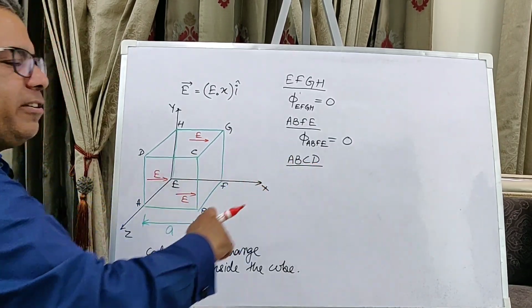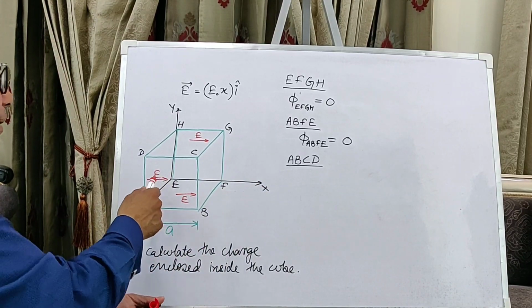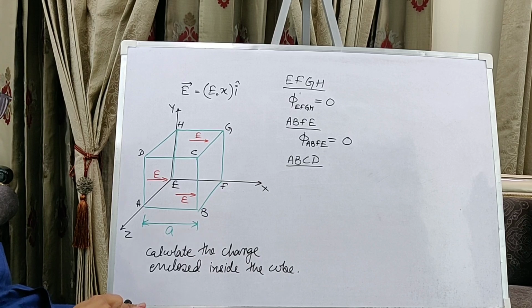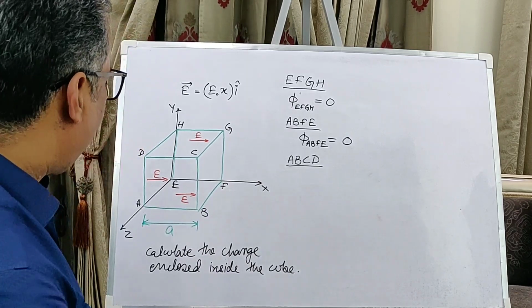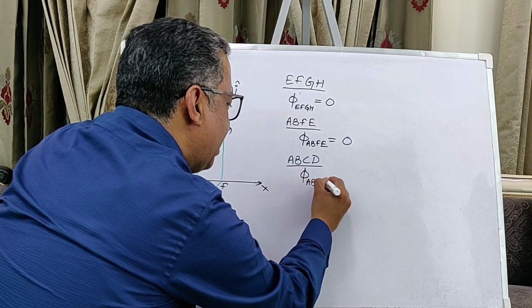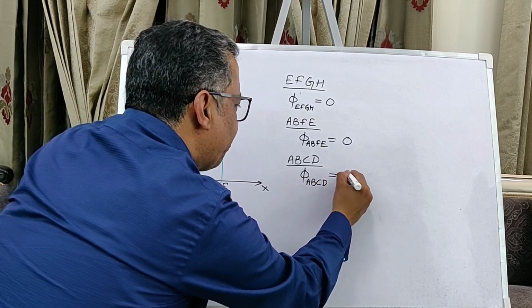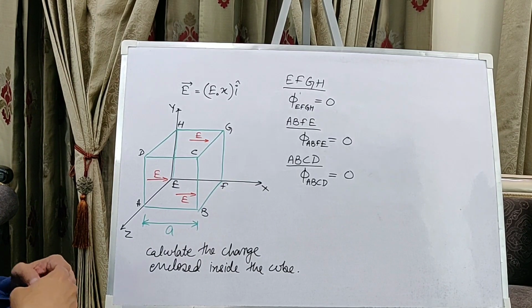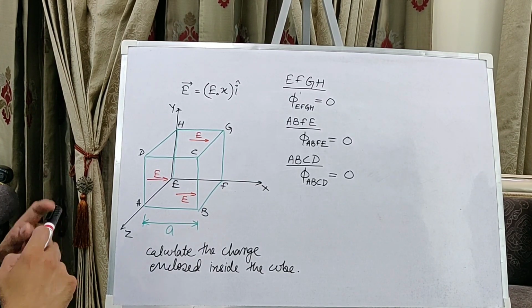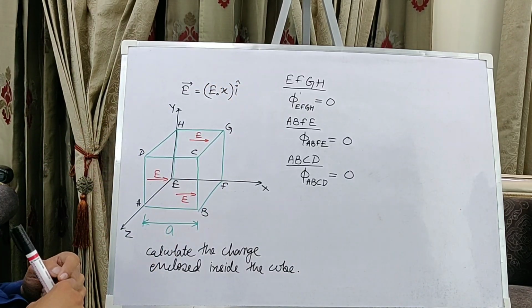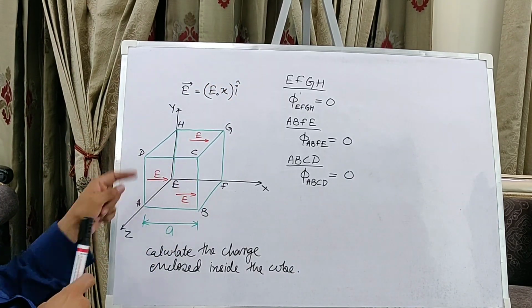Being in positive x direction, the electric field on ABCD will also be tangential, and therefore the flux through ABCD is also 0. Okay, so flux through EFGH is 0, flux through ABFE is 0, flux through ABCD is 0.